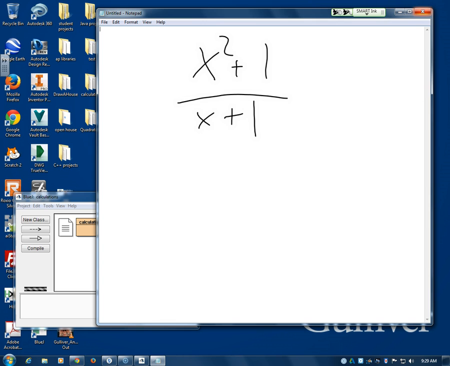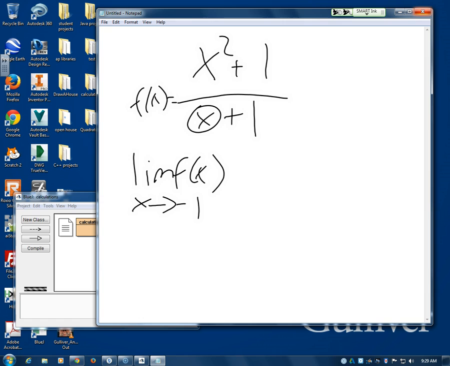If we try finding the limit of f of x as x approaches -1, then that would give -1 plus 1, which is 0, and you would have a 0 in the denominator. So that point won't exist. Sometimes, even though the point doesn't exist on the graph, the limit still approaches a certain point. But here, there's an asymptote, and so it won't exist.